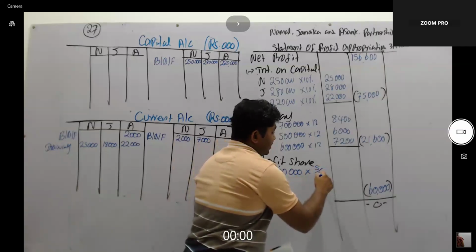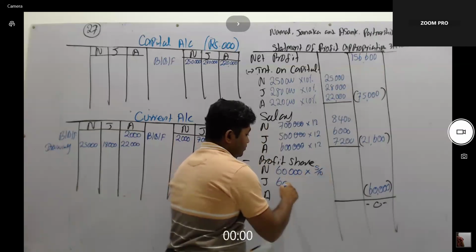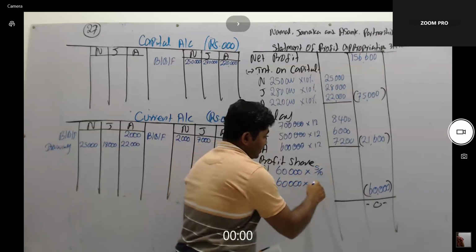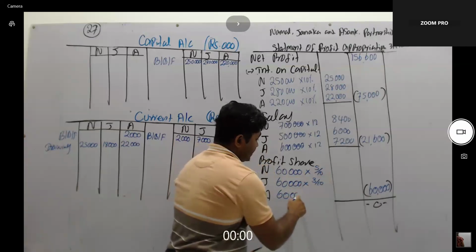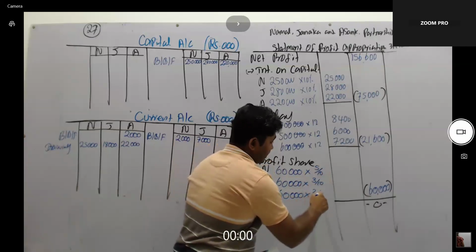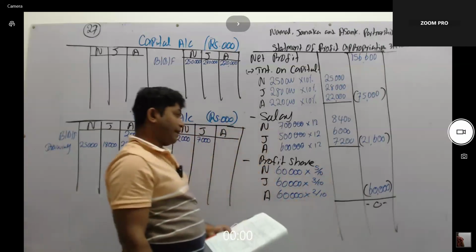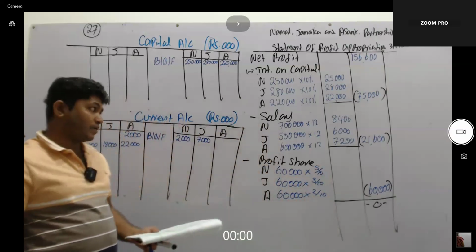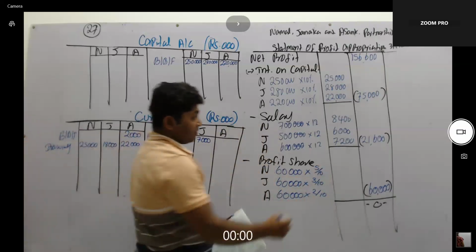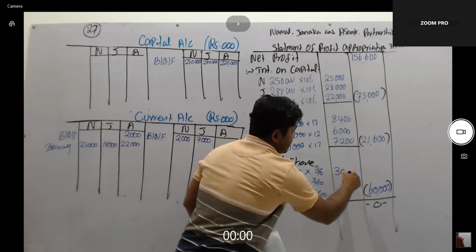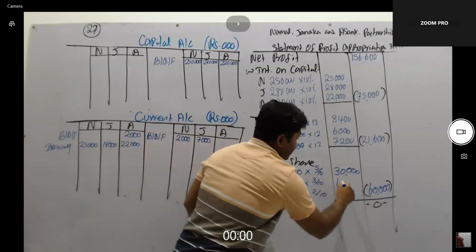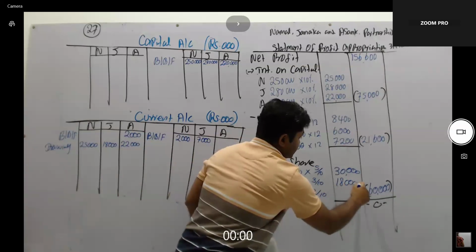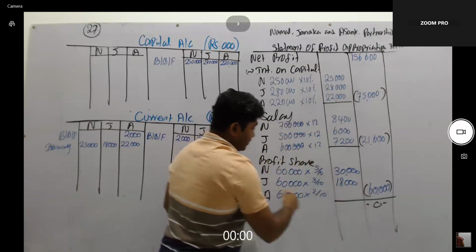Therefore, into 5 divided by 10, as well as into 3 divided by 10, as well as into 2 divided by 10. Appropriation account debit, partners current account credit. Therefore, here the value equals 30,000. Think of the profit appropriation parts. Here will be equal to 18,000 and here will be equal to 12,000.